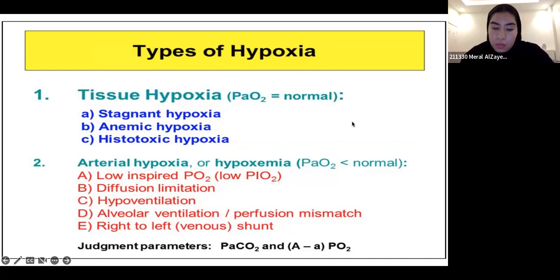Okay. Now make sure to differentiate between hypoventilation and low inspired oxygen, because hypoventilation can be caused by many diseases, such as COPD. I don't think you guys took COPD yet, but this is one of the causes the doctor didn't emphasize at all, so you guys don't need to know that. Okay. As for alveolar ventilation perfusion, okay.